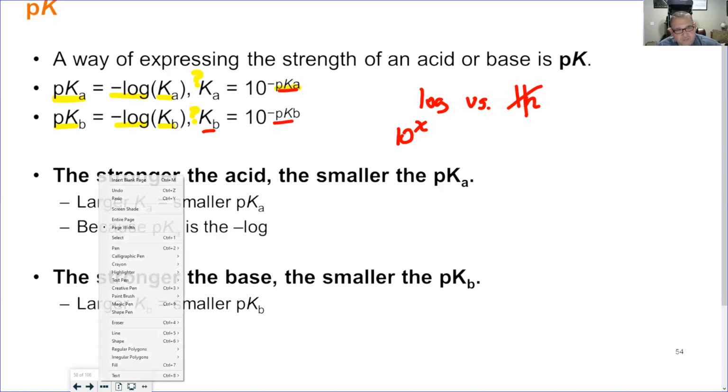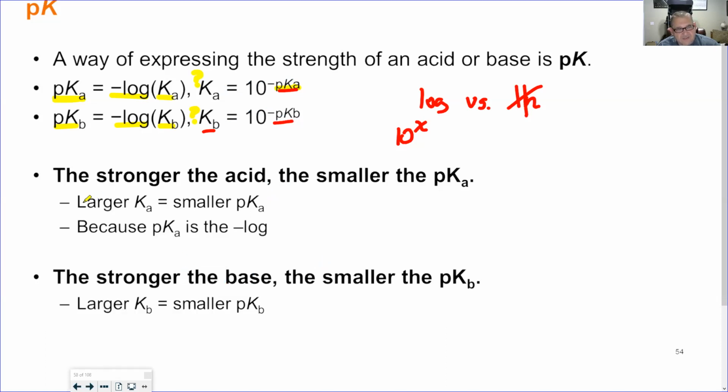Now, some information that we see is that the larger the value of Ka means the smaller the value for the pKa. And the stronger the acid is going to be, the smaller the value of pKa is going to be, because we said the larger the Ka, the more the equilibrium lies in the forward direction. So the more it goes in the forward direction, the more the proton comes off.